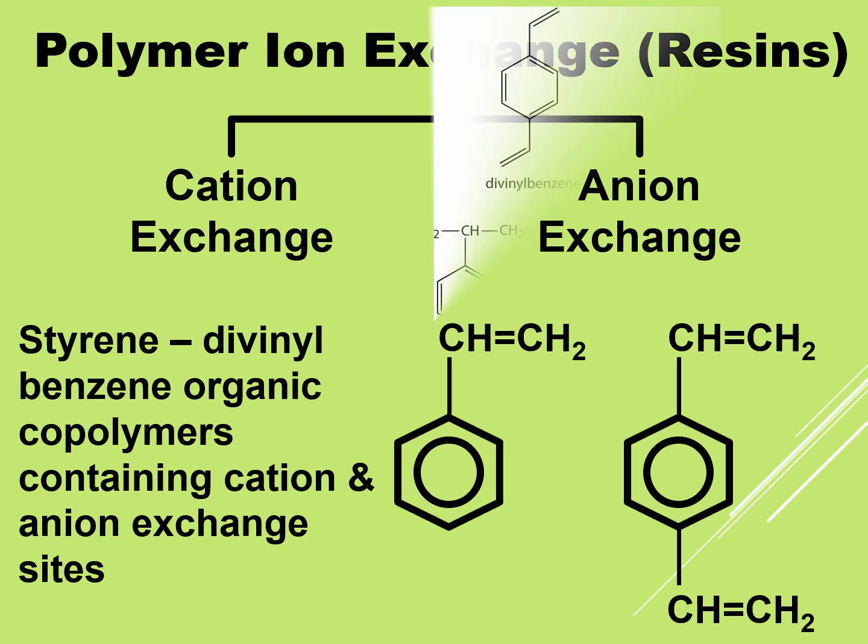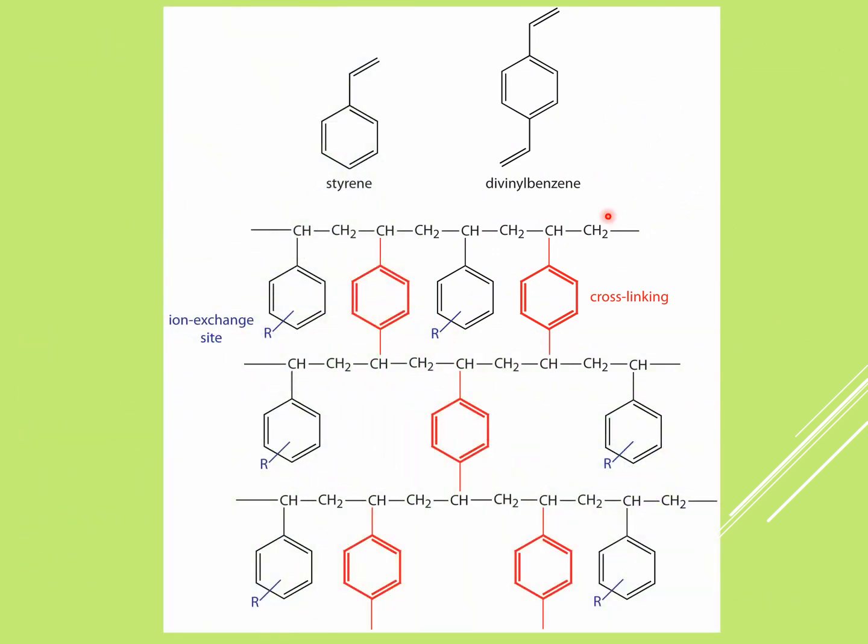Now if you look at this diagram, so this is styrene, divinyl benzene, they are combining to form the polymer. So it forms a layered structure, different layers are there, and you can see there is a cross linking between these layers.